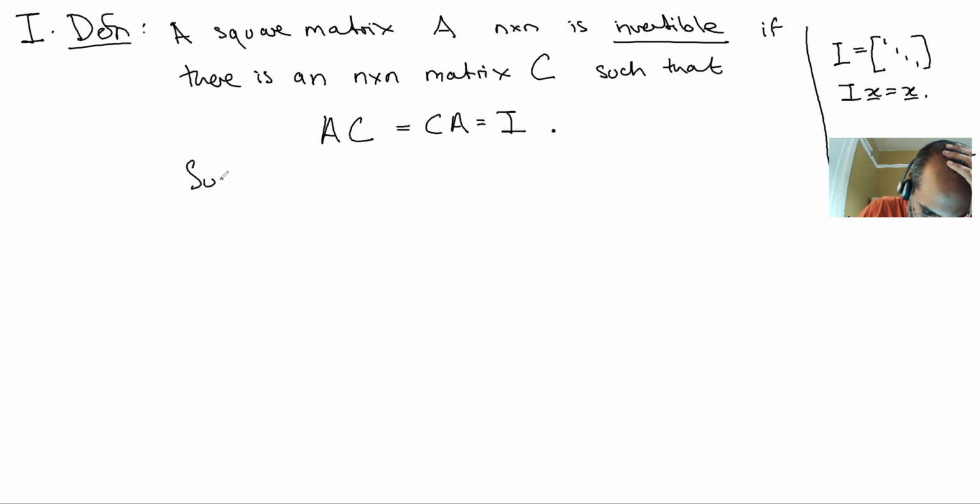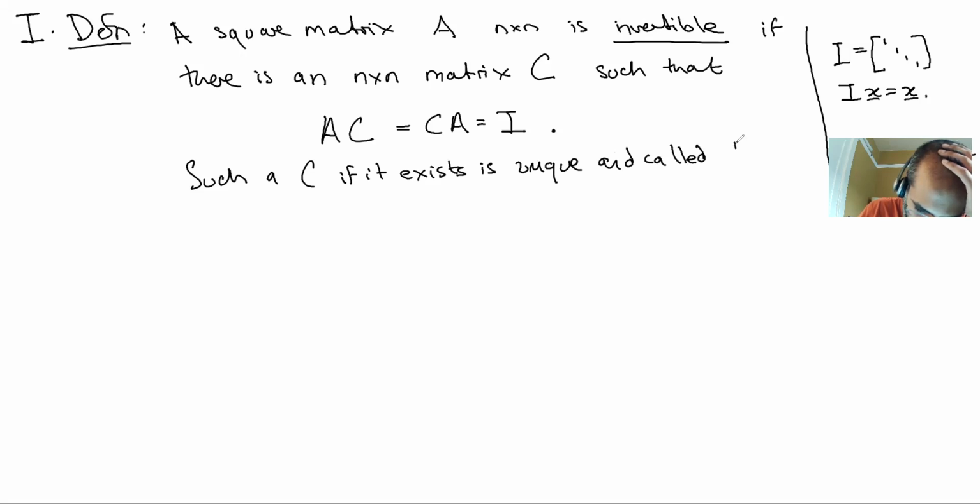Such a C, if it exists, is unique and called the inverse of A, and it's denoted A inverse.